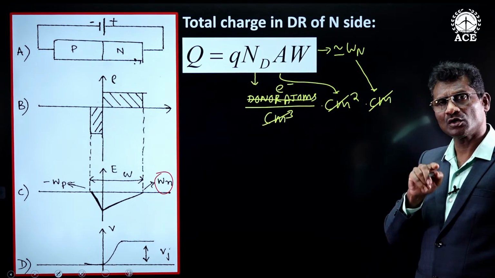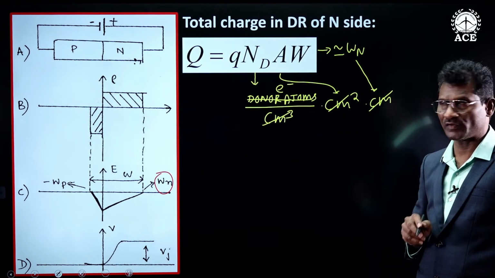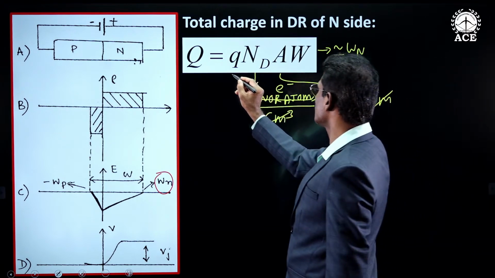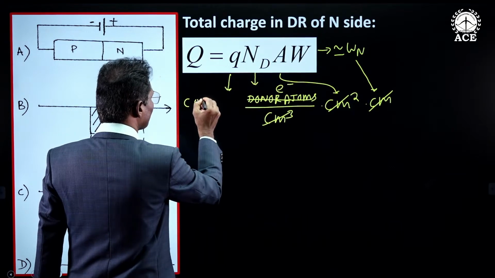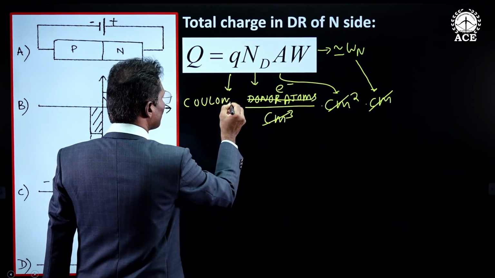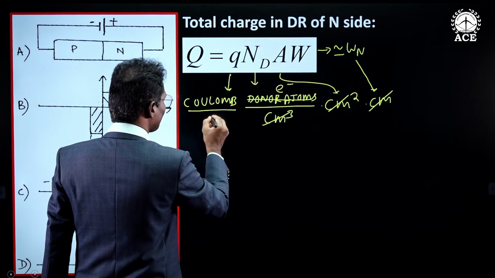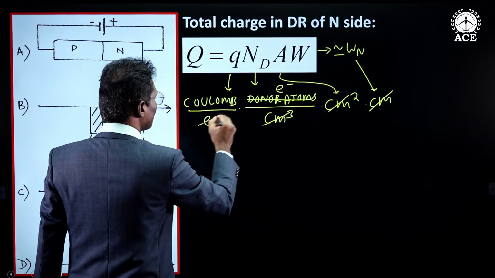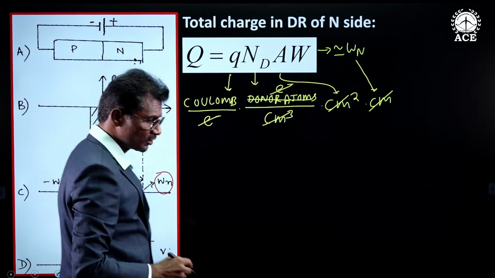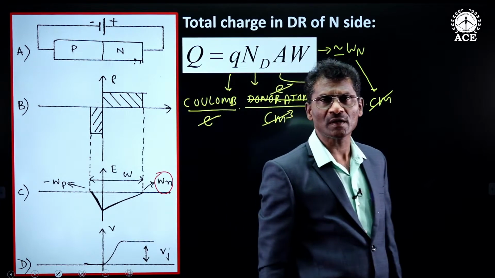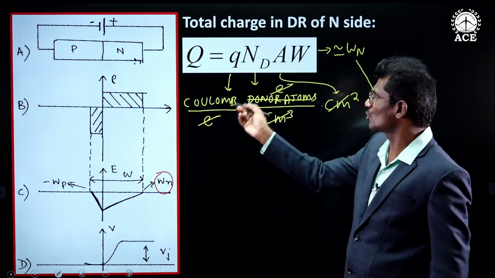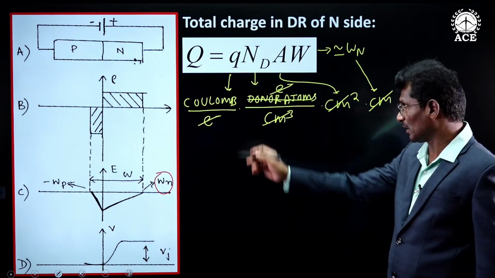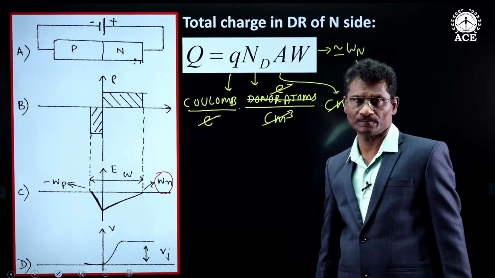Actually we want Coulomb, not number of electrons. So I am multiplying with Q. The unit of Q is Coulomb per electron. The final unit of this complete term is Coulomb, which is nothing but the unit of Q.